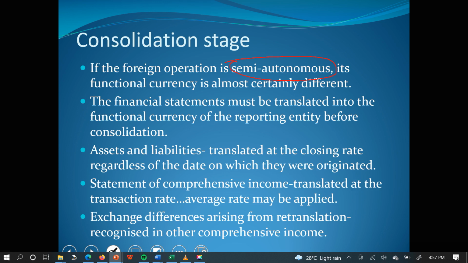If it is semi-autonomous, then its functional currency is certainly different. They will do their own thing and prepare their own financial statements and send them to me to prepare the consolidated financial statements. And therefore the financial statements must be translated into the functional currency of the reporting entity before consolidation. This is how far I want to go with IAS 21 for now.